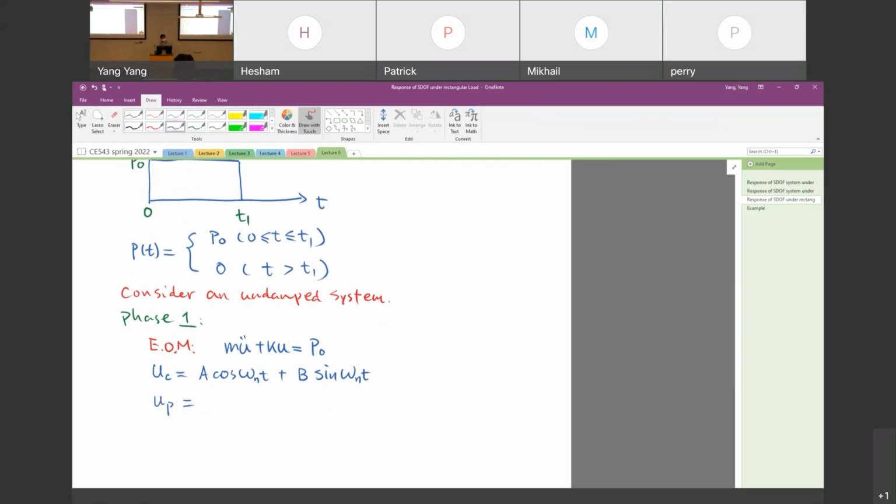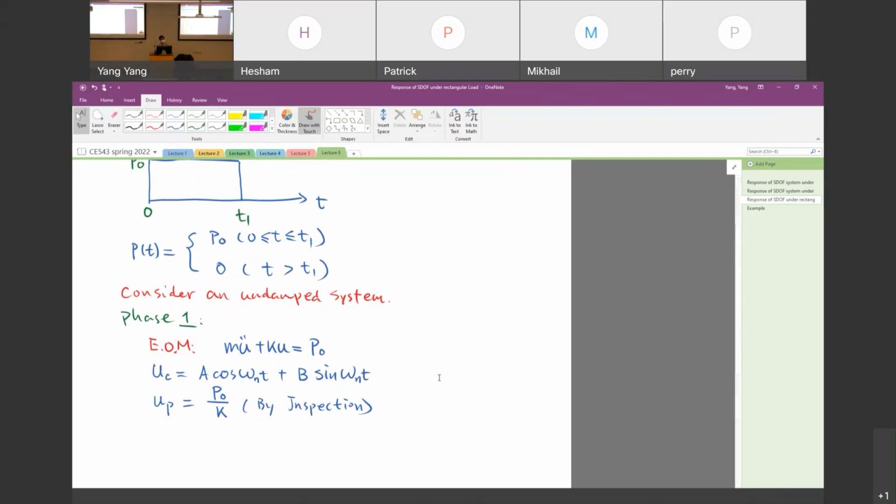What will be the particular solution in this case? By inspection, we should be able to tell the particular solution should be P0 over K. So that's a static displacement. Any questions up to here?